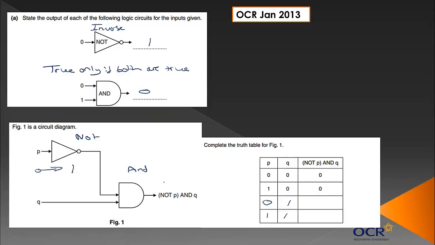Then we have 1 and 1 on this row, and that results in 1 because an AND gate's true only if both are true. Now you may see where this is going. We inverse this to 0, this is inverse to 1, and then it will be 0 and 1 for our AND gate, which results in 0 because they aren't both true.